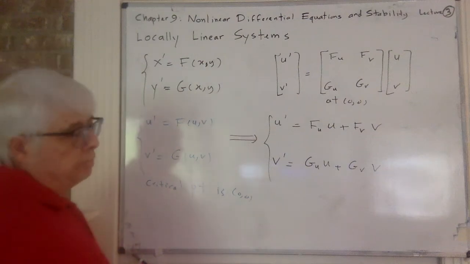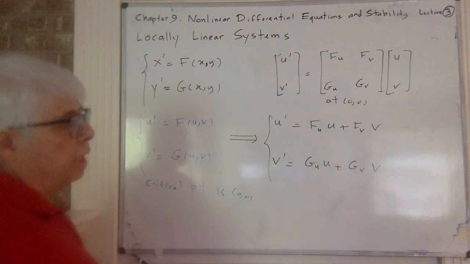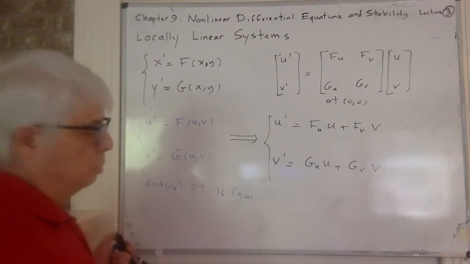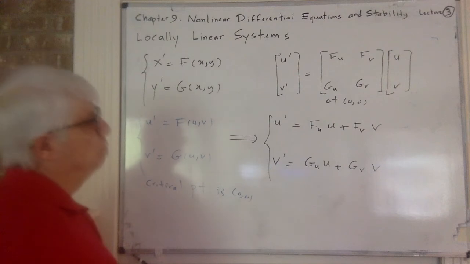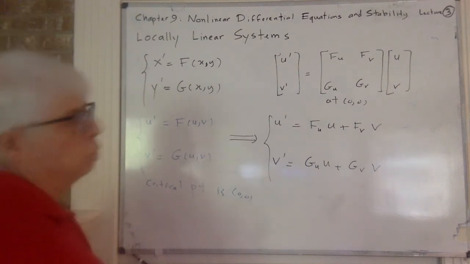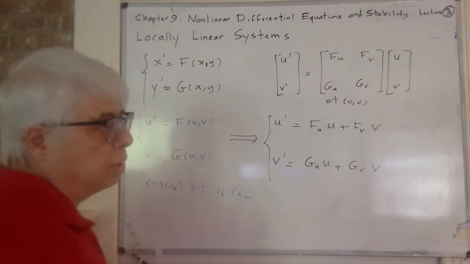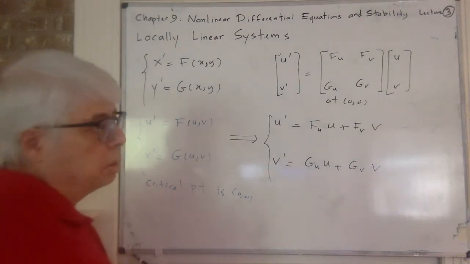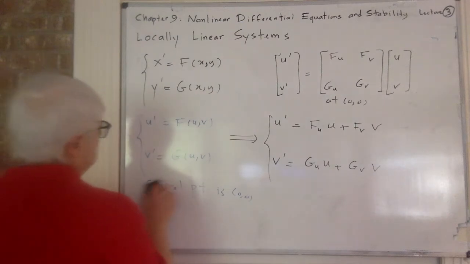But as you get further and further, no, we don't know what the solution is, but it's not that. As you get closer and closer, it acts like the linear system, and the solution is basically the solution of the linear system.